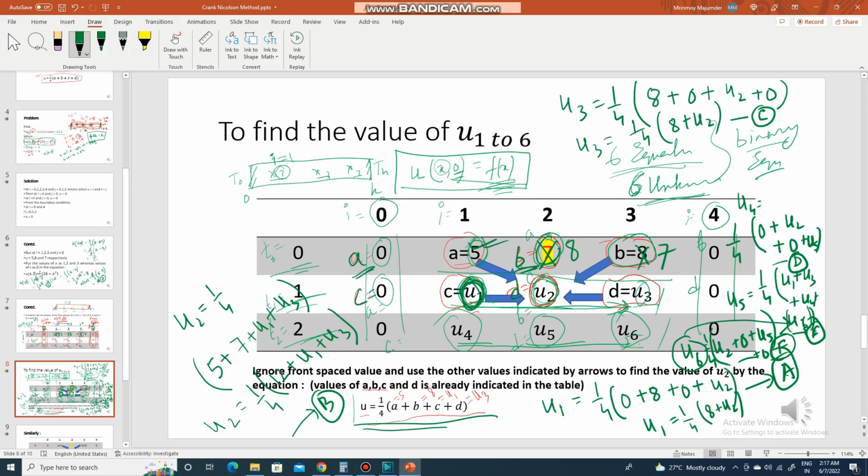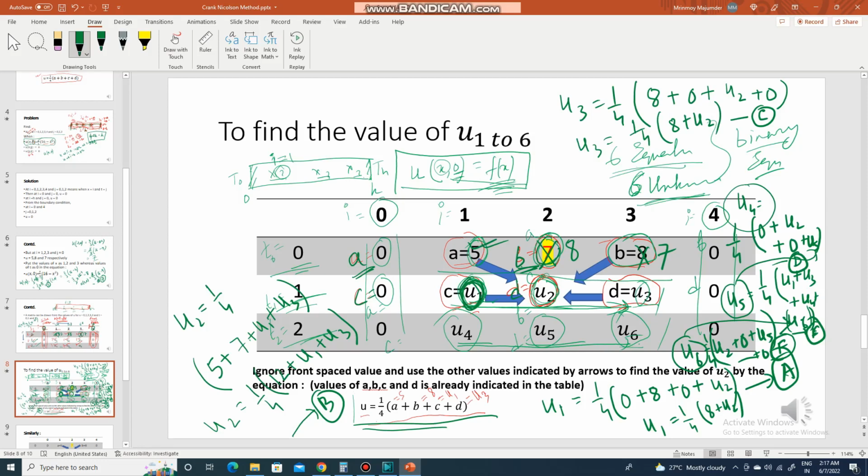Then put U5 into equation D. Then put U4 into equation C, this U4. Then accordingly you go for equation B.